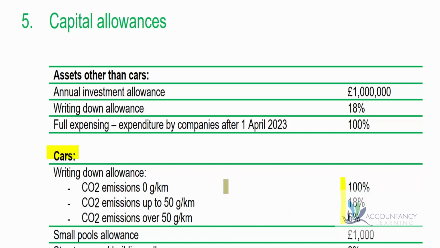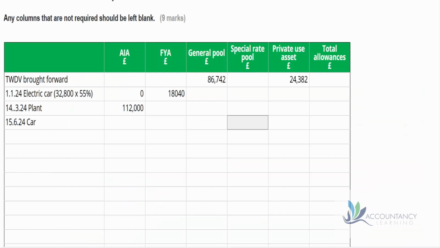As we saw with our electric vehicle, we can claim first year allowance of 100%. So we did that already. If we have carbon dioxide emissions of up to 50 grams per kilometre, we can put them in the general pool with 18%. But as we have over 50 grams in this case, then we're going to have the special rate pool of 6%. So we need to put this car in the special rate pool column, and we put the 18,900 here.